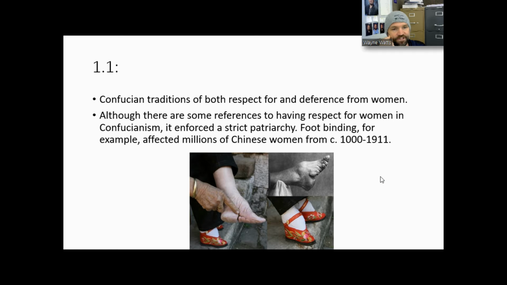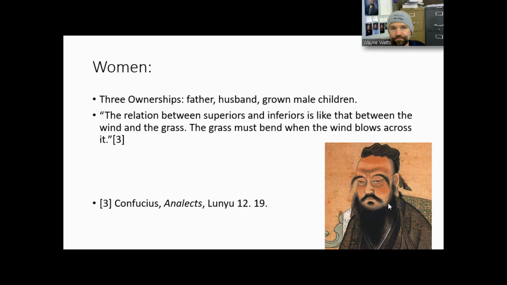Foot binding, for example, affected millions of Chinese women from circa 1000 when it became popular in the Song Dynasty all the way until 1911 when the last of the Chinese dynasties ended and they banned the practice of foot binding.